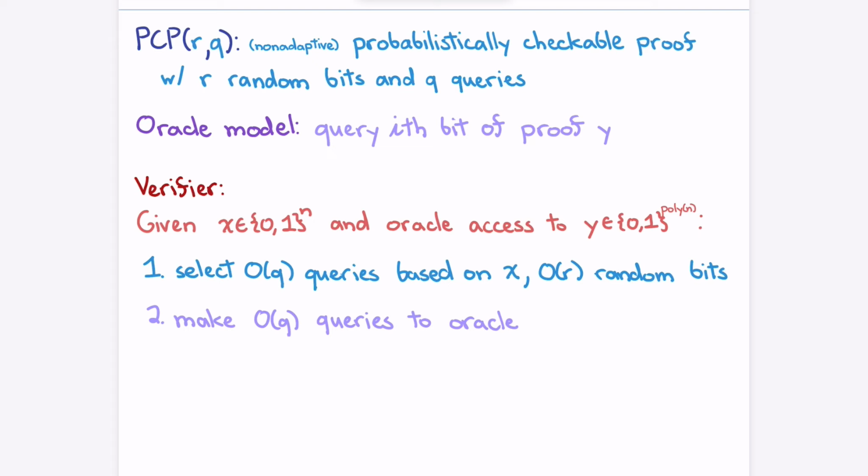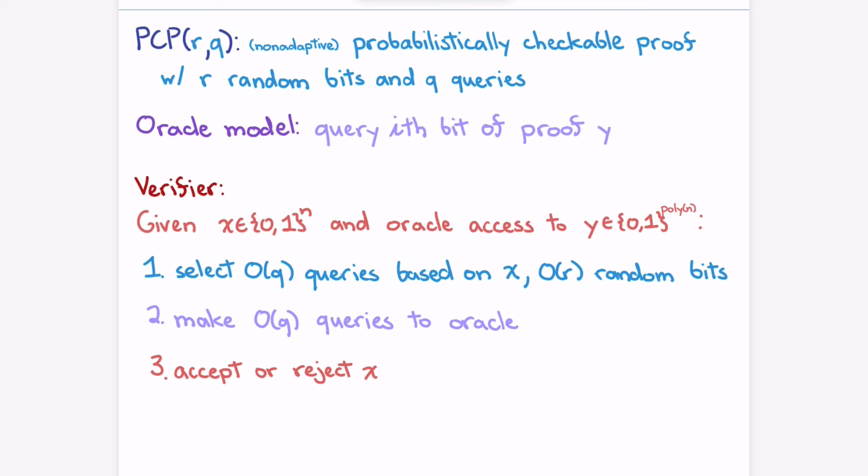As a rule, we're assuming Y is polynomial in size. We're doing this oracle access thing anyway, so it's a little bit more information theoretic: how many bits do you need to look at in the proof to be able to say something about X?